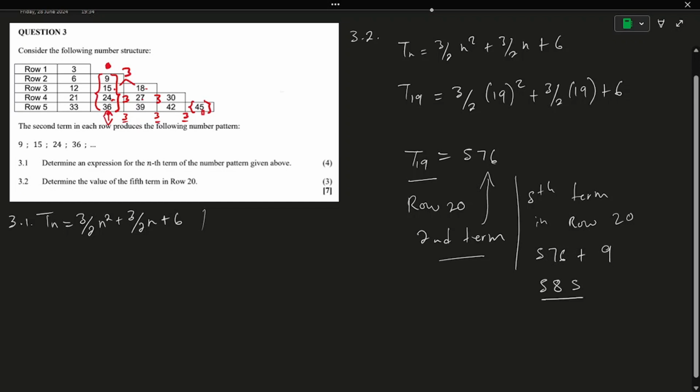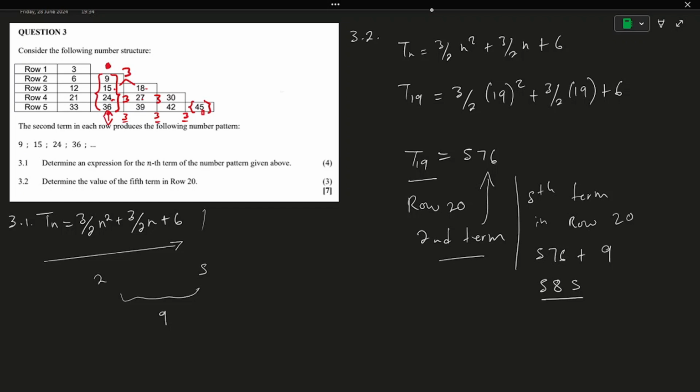I hope this made sense. But we used this general formula to see what the value will be in the second term of row 20, and then after finding that second term, we added 9 to it because we saw that the relationship between the second term and the 5th term is that you add 9 to it. So we just looked for the second term in row 20, and then we added 9 to it.